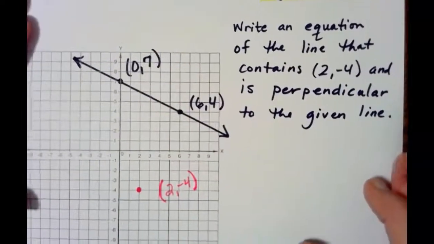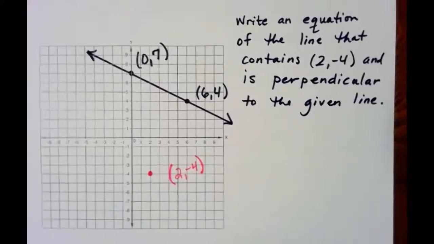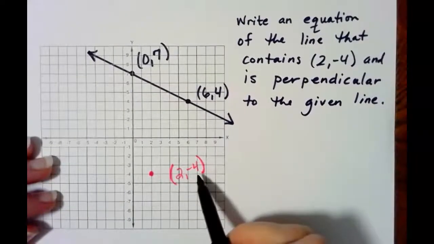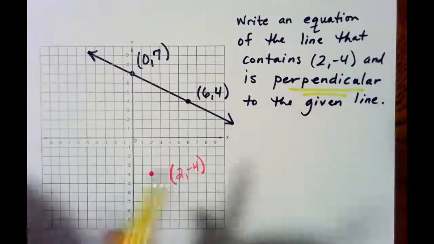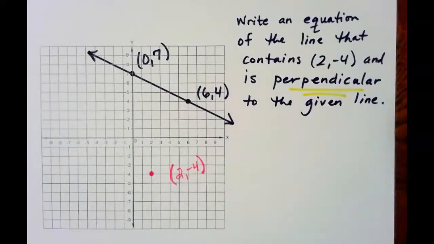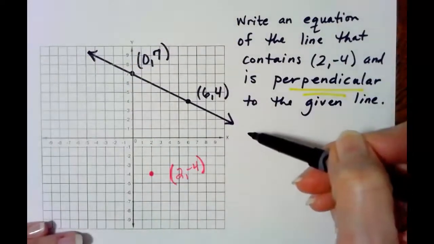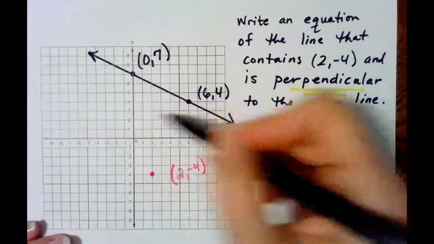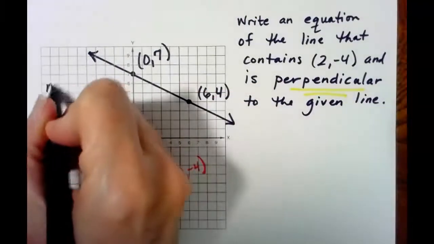Second example. Write an equation of the line that contains the point (2, -4) and is perpendicular to the given line. So the first thing we need from the given line is the slope. We can count it or we can use the slope formula. Let's use the slope formula.